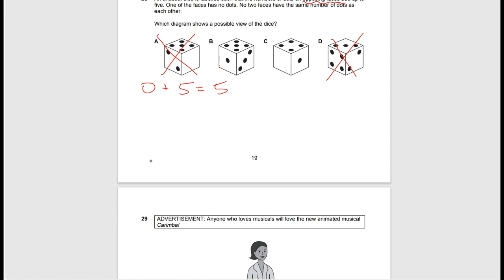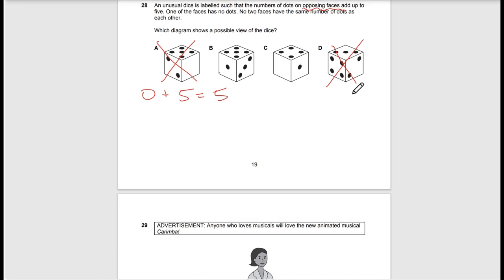Let's use the parts of the question that we haven't touched yet. We know that one of the faces has no dots. We know that it says no 2 faces have the same number of dots as each other. Okay, let's take a look. We know that opposing pairs add up to 5.